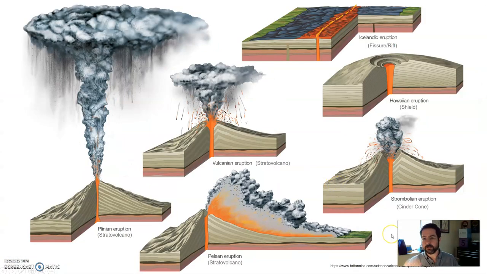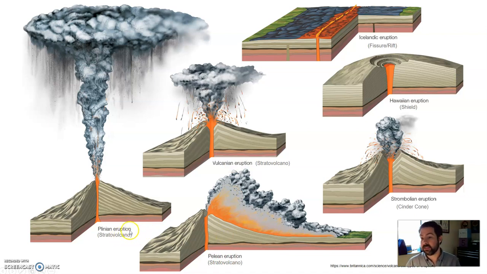So what you see here are 6 different ways in which volcanoes can erupt. These are the 6 different types of eruptions that can occur. We have Icelandic eruptions, Hawaiian eruptions, Strombolian eruptions, Volcanian eruptions, Pelean eruptions, and Plinian eruptions.